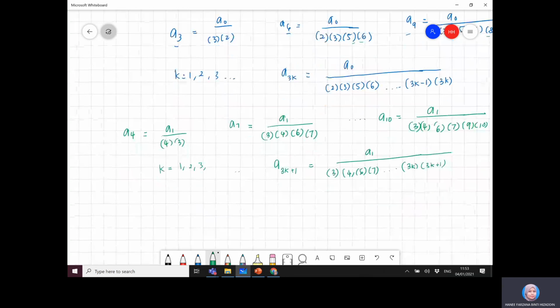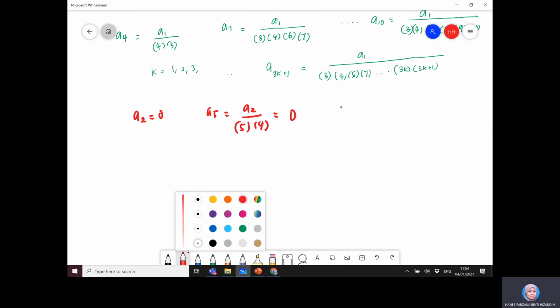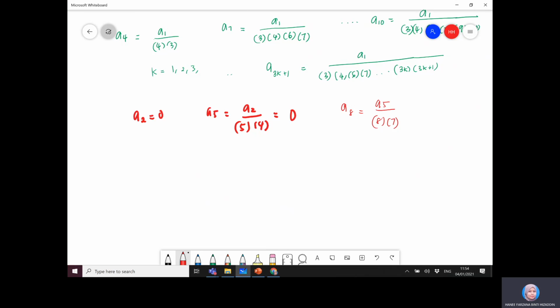And then you can also spot another pattern for a2, because a2 equals 0, and a5 equals a2 over 5 times 4 equals 0 also, because a2 is 0. And then your a8 is also a5 over 8 times 7, which is a2 over and so on.